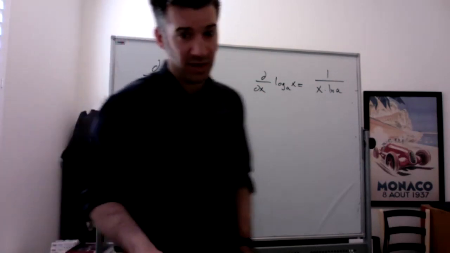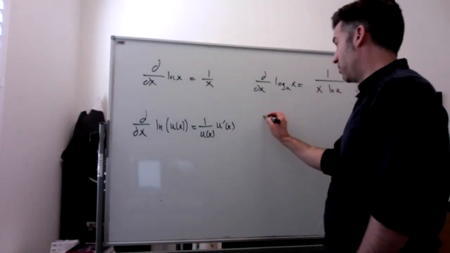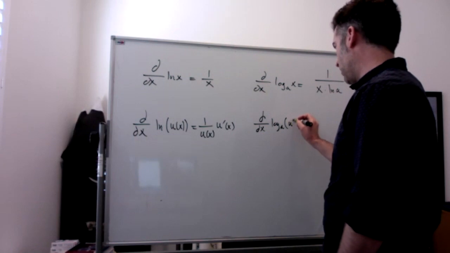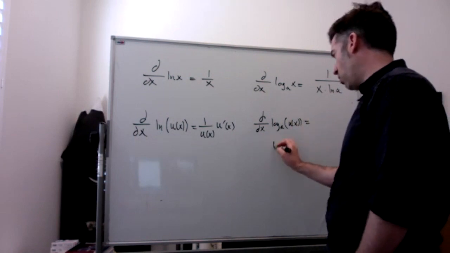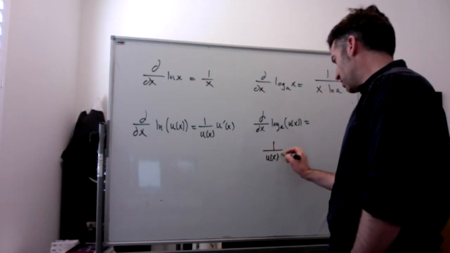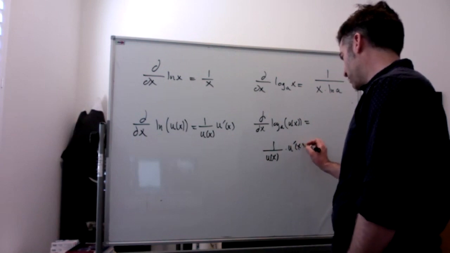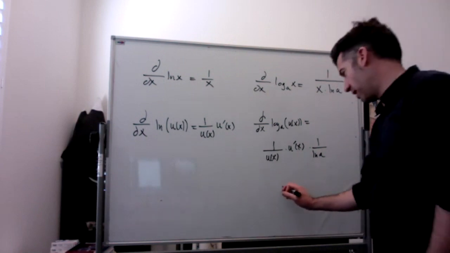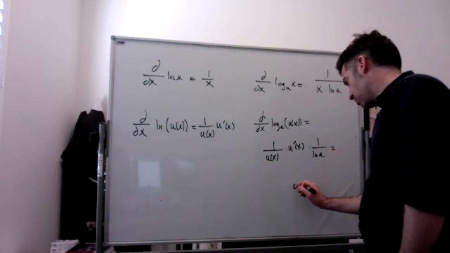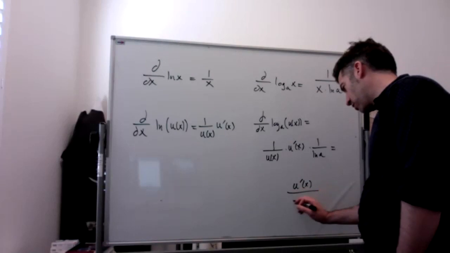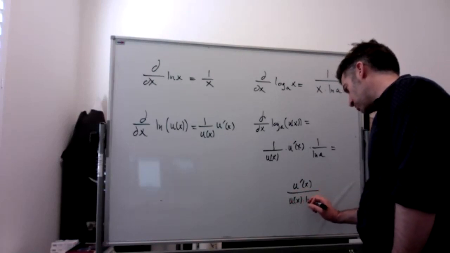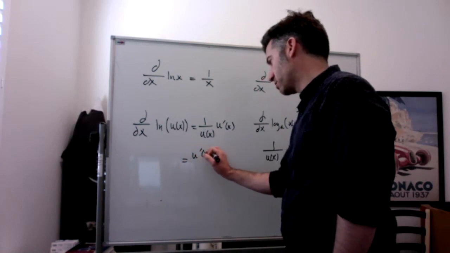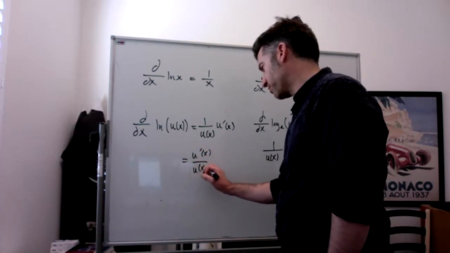And then the derivative of log base a of some stuff is 1 over the stuff times the derivative of the stuff times 1 over the natural log of the base, which people probably usually write as u prime of x over u of x times the natural log of a.